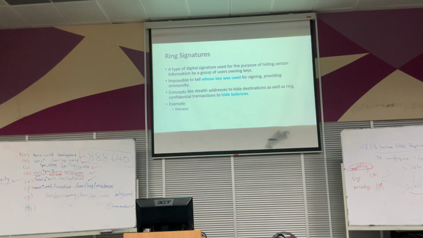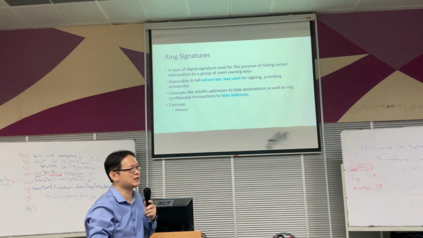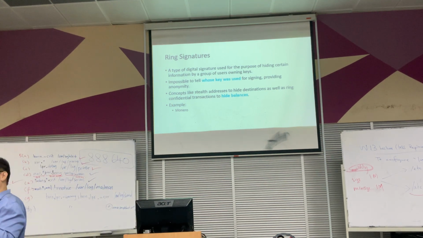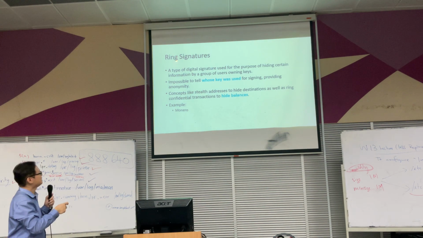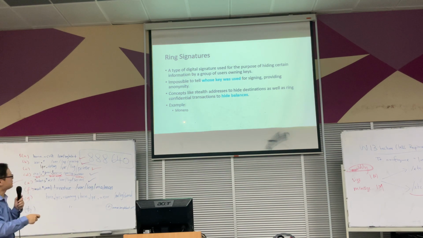So you can verify it's signed, okay, they're happy already, but you want to identify, wait, among these 10 persons, who signed, you cannot. You don't know. So this is how it actually protects the privacy.